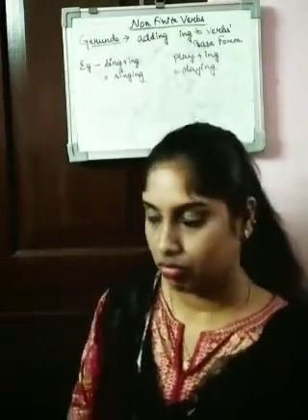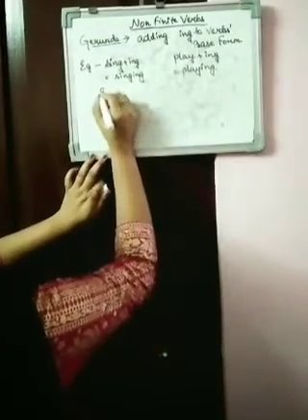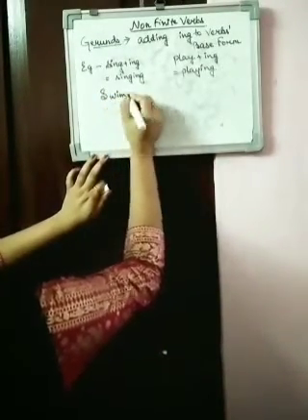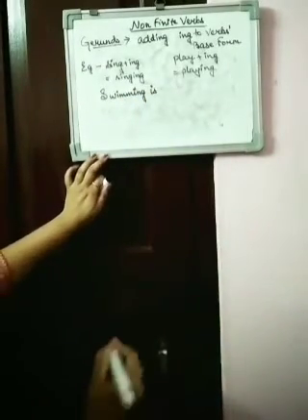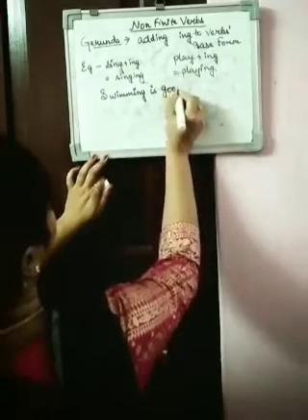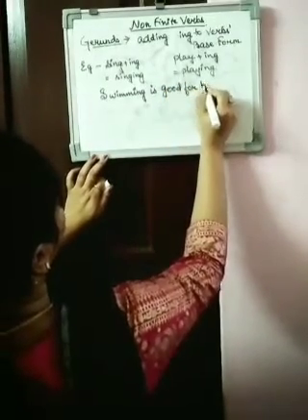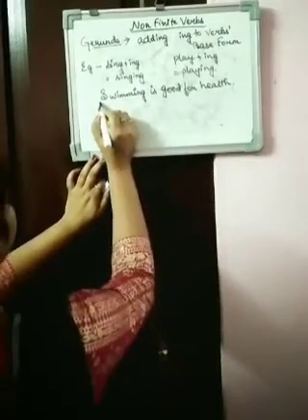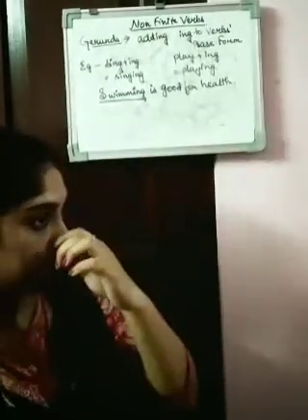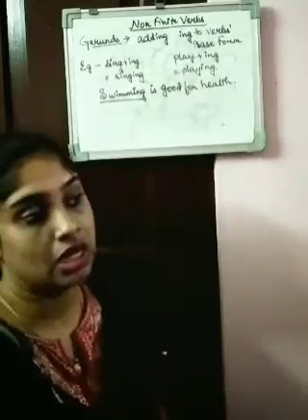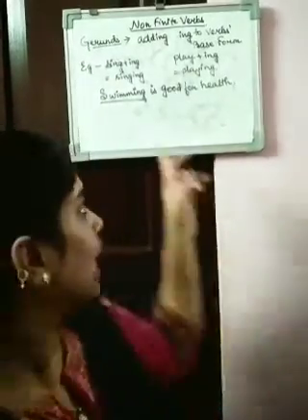Let's see how we identify that. For example, take this: "Swimming is good for health." Here, the word might be a gerund or a present participle. Now we have to see how it is acting.